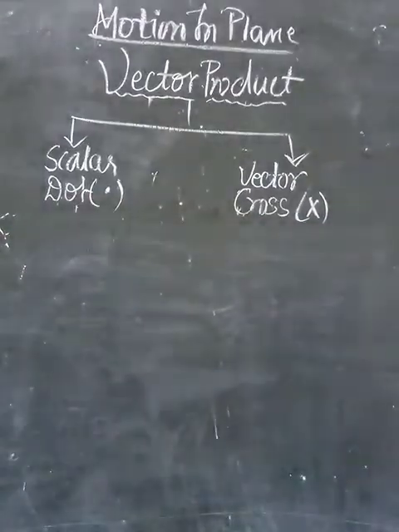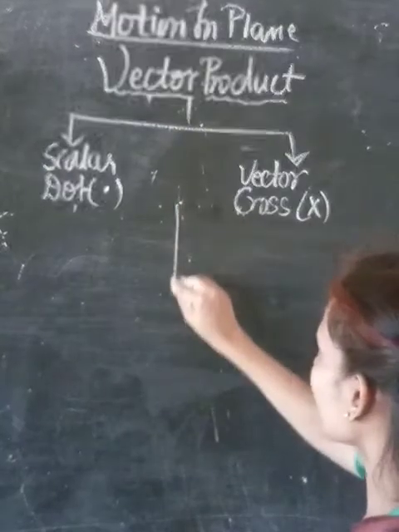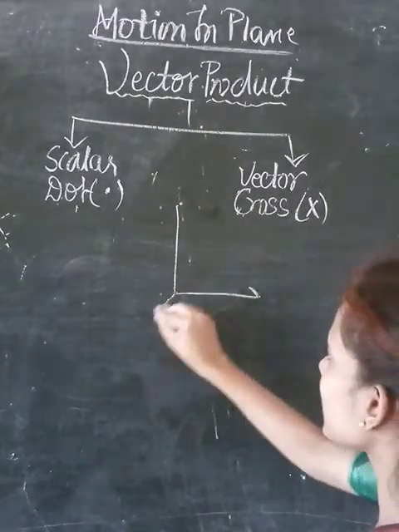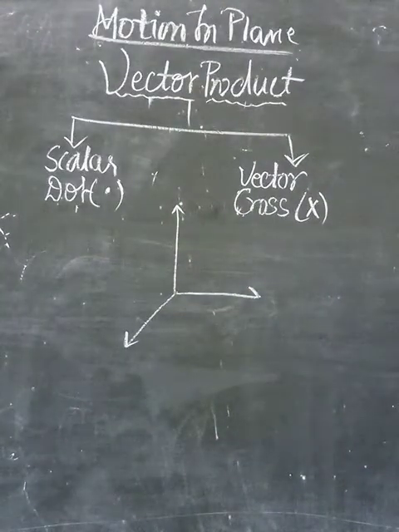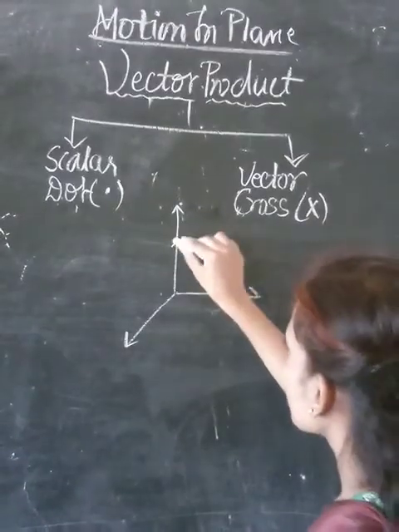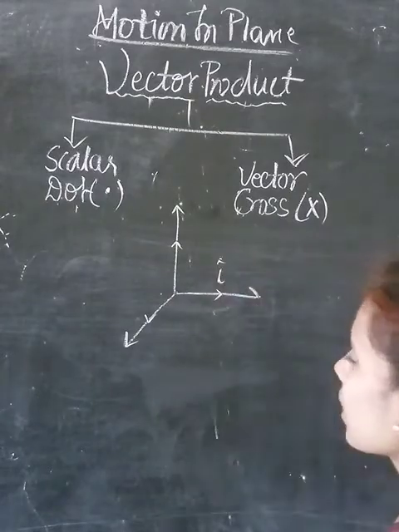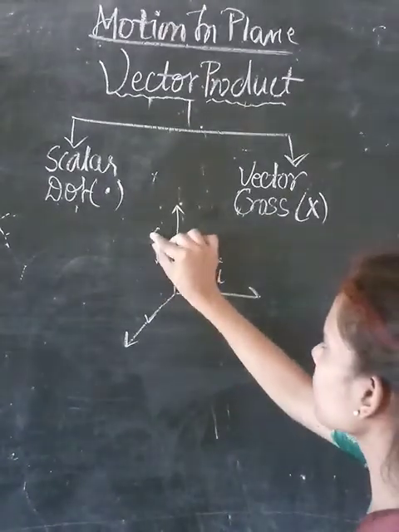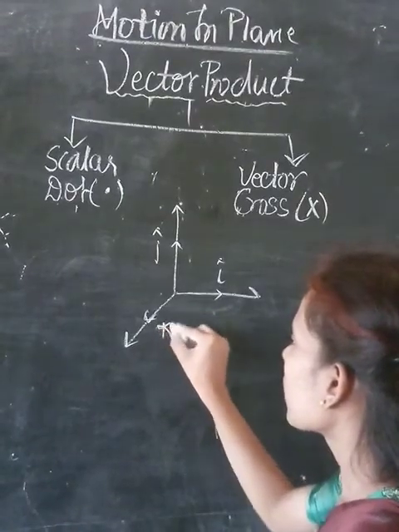We have already seen that vector quantities have directions. If we take x, y and z axes, then the object is given by the direction points along the x, y, z axes. The x axis is given by the unit vector i, the y axis by the unit vector j, and the z axis by the unit vector k.